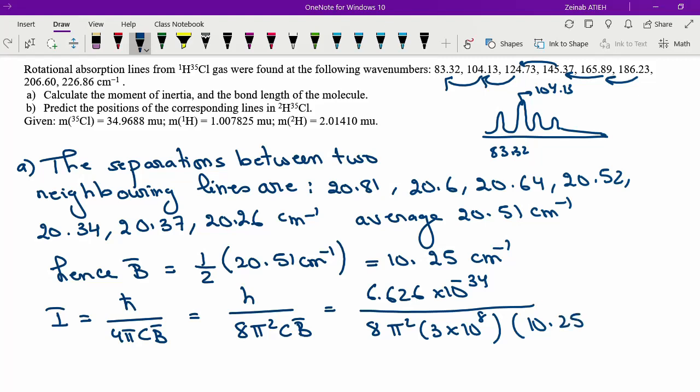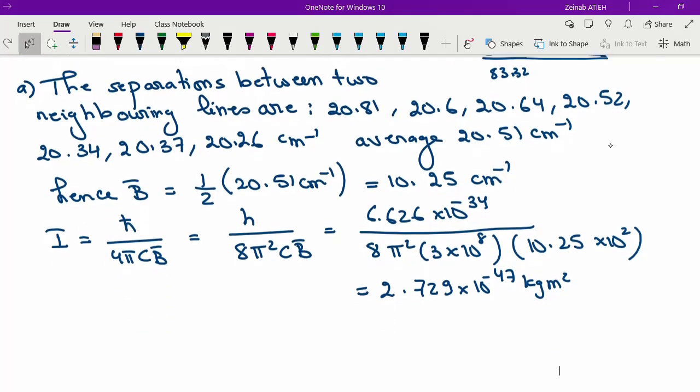I'm going to change it to meter minus 1, so I'm going to multiply by 10 to the power 2, which will give me 2.729 times 10 to the power minus 47 kilogram meter square. So after finding I, we have to find R, the bond length or the internuclear distance.